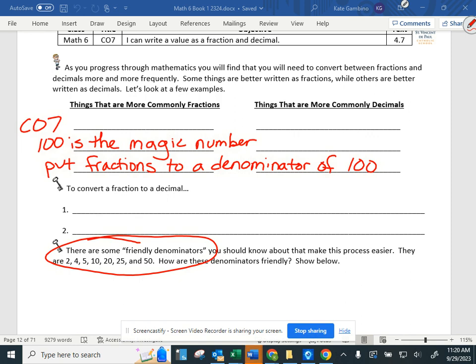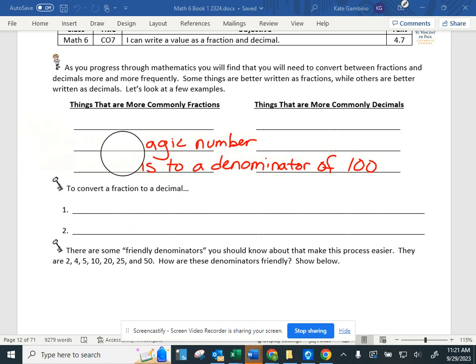So you can put, let me flip my page, you can put 2 times 50 equals 100, 4 times 25 equals 100, 5 times 20 equals 100. So what we went through on this, you can write it on your help sheet. Okay, we're running out of time, so I'm not gonna write it on here, but look on your binder sheet. You can write this section about friendly denominators on your help sheet.